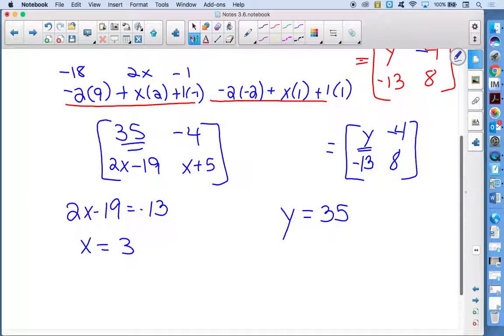Check yourself, because if I plug positive 3 into the bottom right value here, 3 plus 5 also equals 8. So it should work in both of them if the x's are in 2 spots. That's a way that you can check to make sure that you didn't make a mistake somewhere, because your solution for both should be the same. Any questions with that?